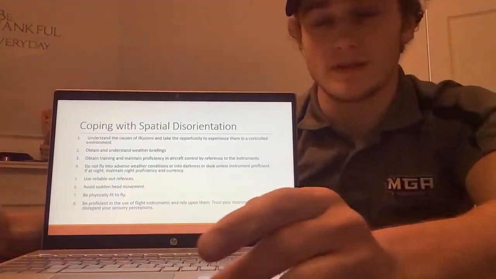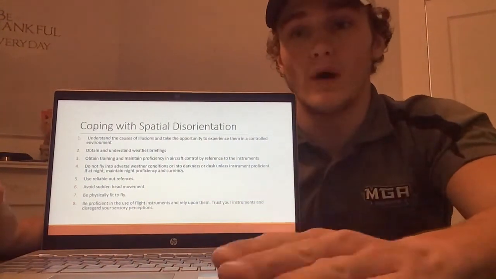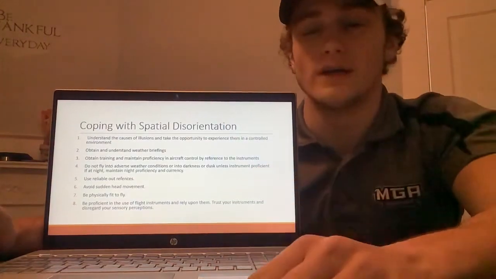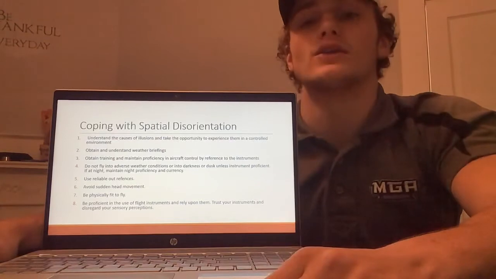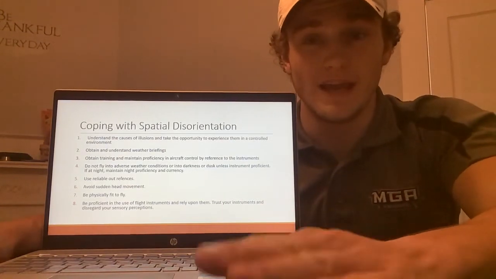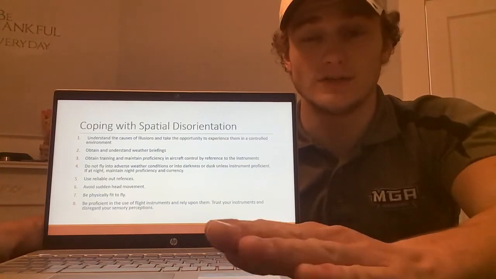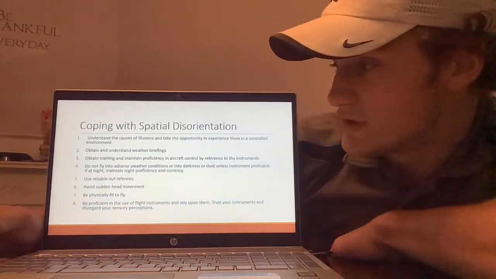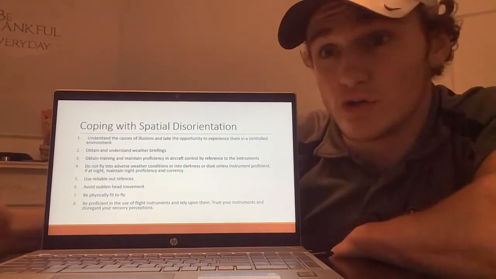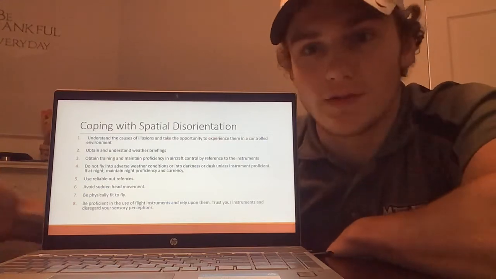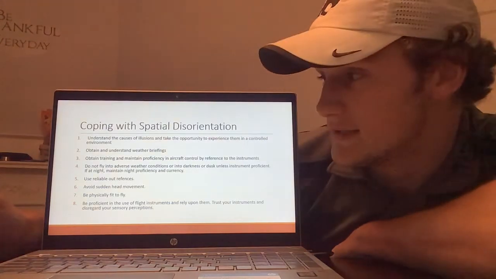So, how to cope with spatial orientation. The number one thing is to rely on your instruments. That is the number one thing. You must trust your instruments and not your sensory systems. Another thing is you can understand the causes of the illusions, what causes them, why the leans happen, why the Coriolis illusion happens.